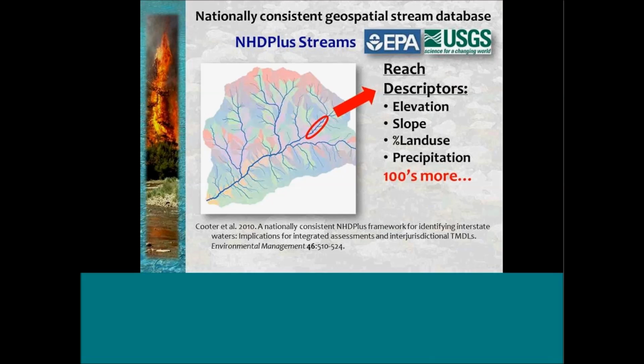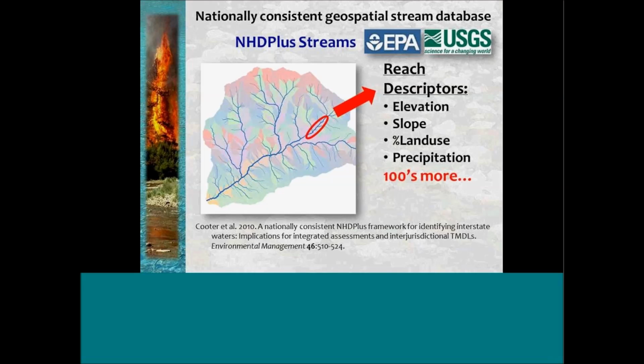And in terms of thinking about extending this to other parts of the country that may be interested in it, the foundational piece that we can build on top of is really just having a nationally consistent geospatial stream database. What we've been using is the NHDPlus Streams layer that has been jointly developed by EPA and USGS over the last decade or so.